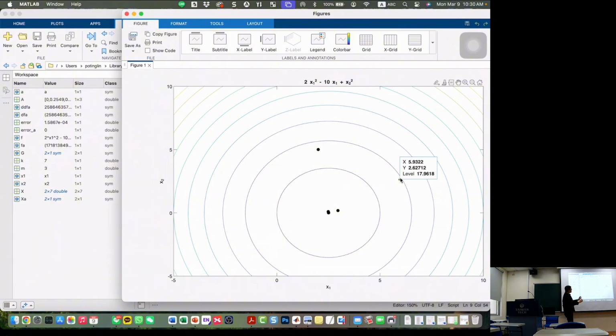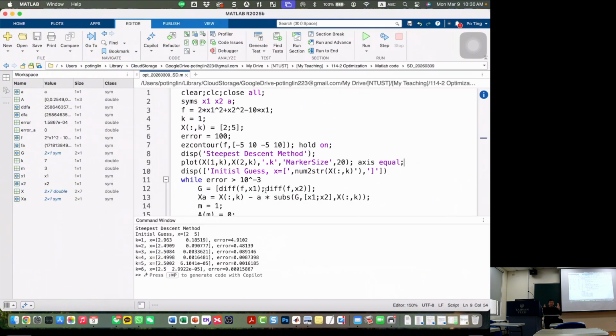So right now it's not in the same scale. This is 5, but over here the 5 is this short. So this is kind of being squeezed. So if you say axis equal, you can have the same scale of drawing right here, after you plot something.